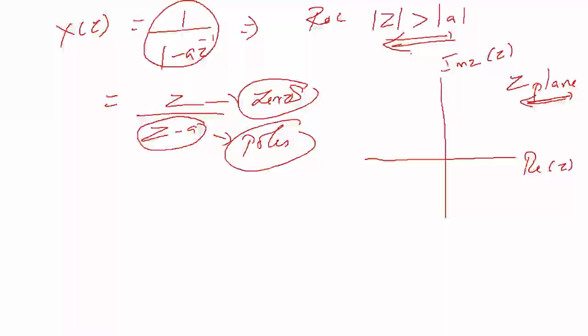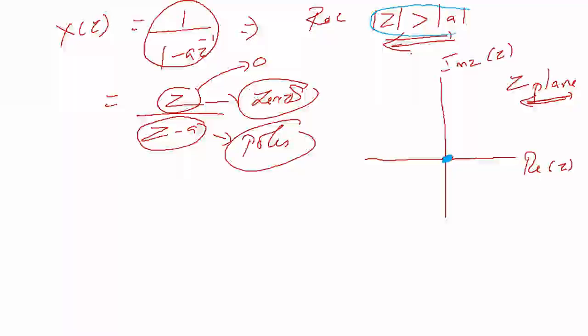And what is the location of the pole? Equate the numerator to 0. So this is where a color will mark cheyam. This is nothing but the location of the zeros. And what about this one?